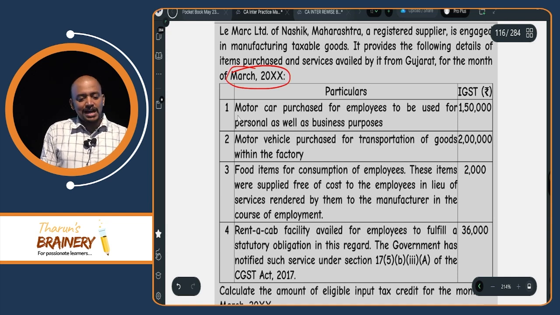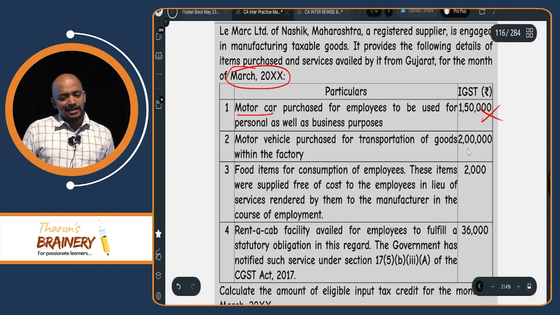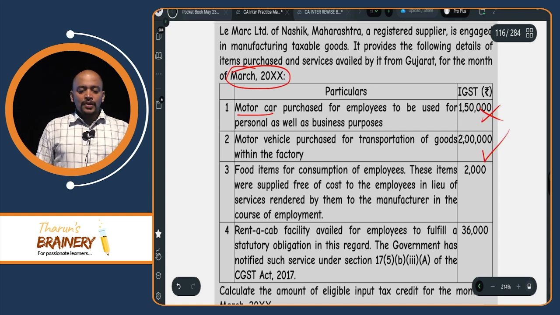First of all, motor car is a blocked credit. Capacity does not exceed 13 and it is not covered under exception. So ITC not available. Motor vehicle purchase for transportation of goods within the factory. Other motor vehicles. So ITC available.